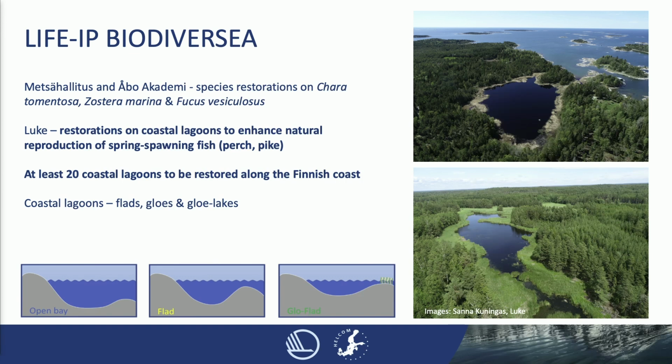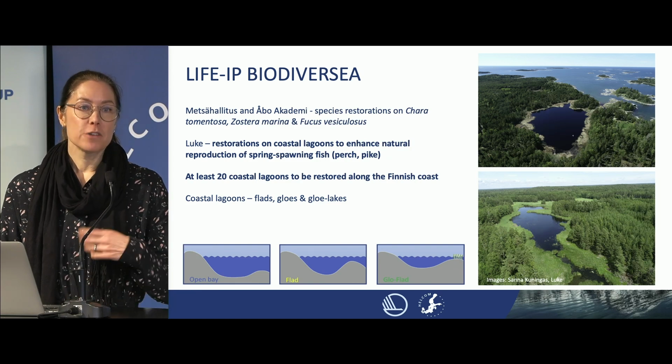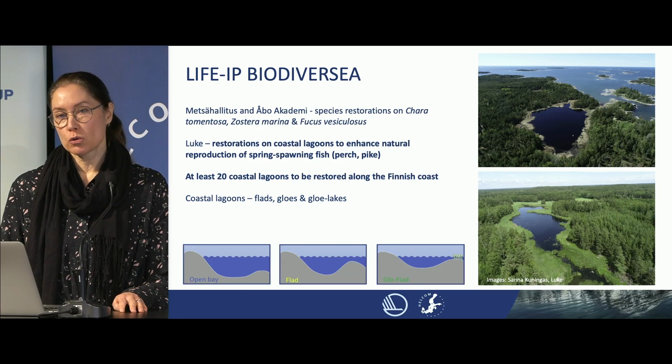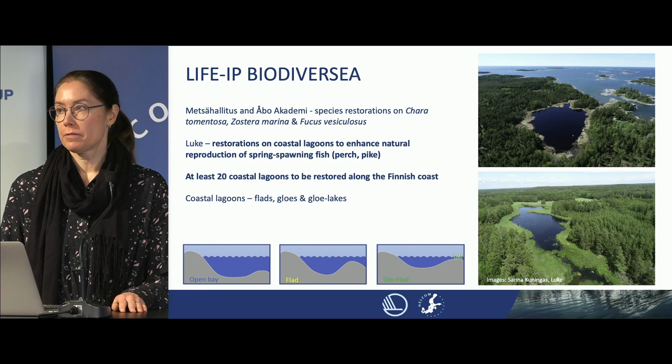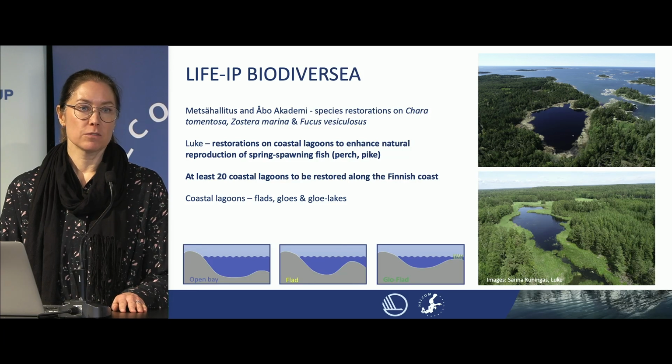And these are really the key elements when we are talking about the success of the spring spawning fish in reproducing young. In the biodiversity project, we have a goal to restore at least 20 coastal lagoons along the Finnish coast. So we are talking about all the way from the end of the Bay of Bothnia to the eastern Gulf of Finland.